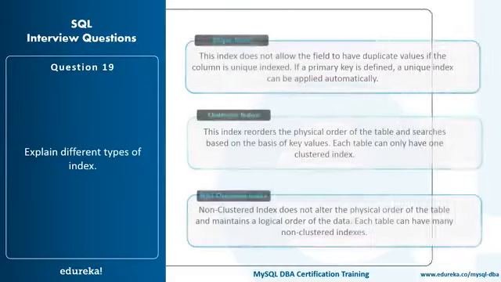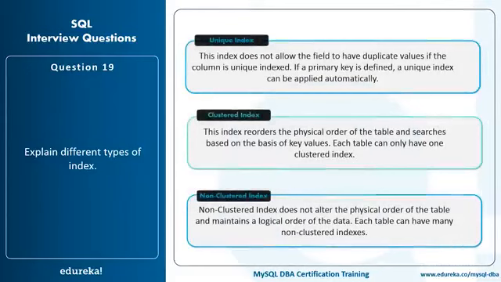Mainly there are three types of indexes used: the unique index, the clustered index, and the non-clustered index. The unique index does not allow the field to have duplicate values if the column is unique indexed. If a primary key is defined, a unique index can be applied automatically. So a unique index is mainly used when you do not want any duplicate values to be present in the column.